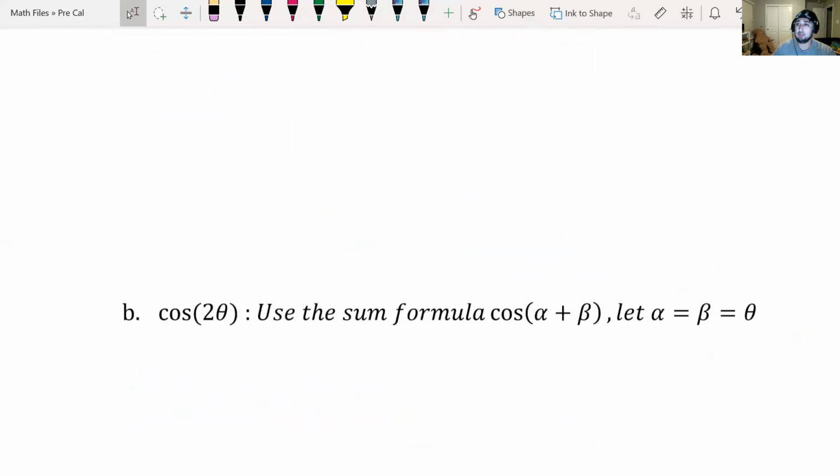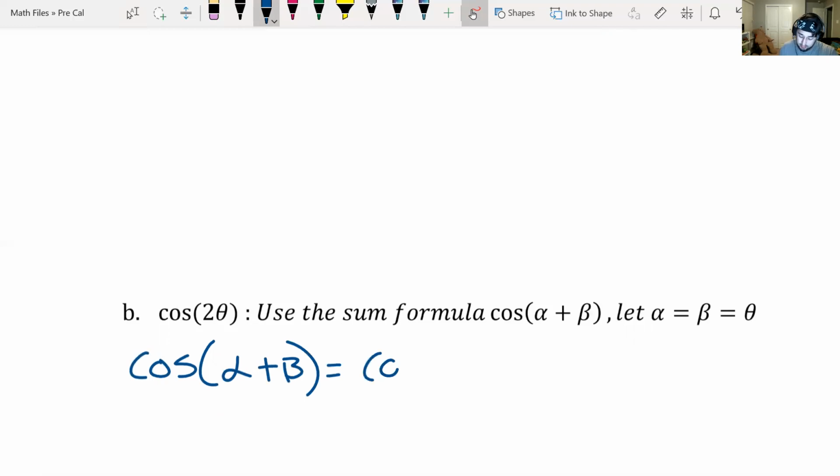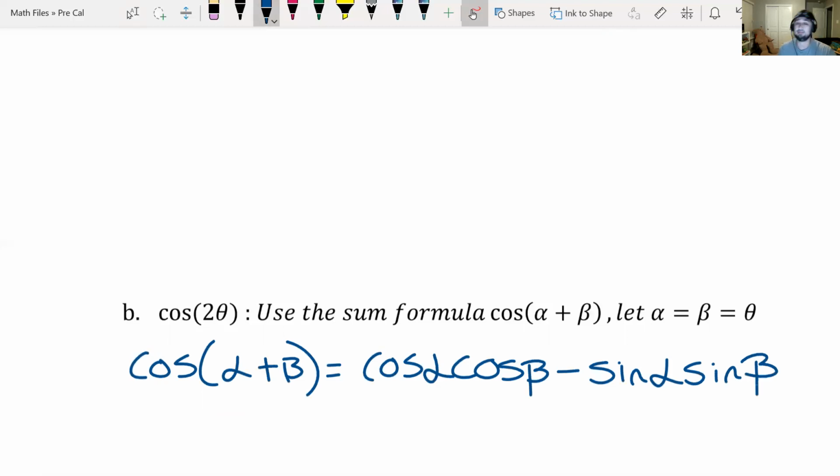Okay, so we're going to do the same for cosine. We want a double angle formula for cosine, so we will manipulate the sum formula for cosine with the same equality property. So let's start with cosine. Cosine alpha plus beta is cosine alpha cosine beta minus sine alpha sine beta.